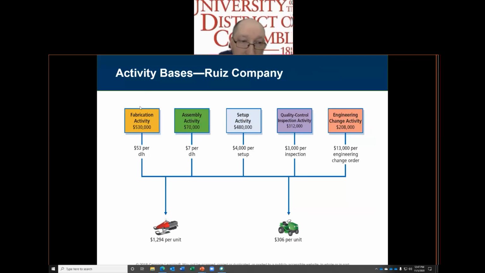So again, you take each one, you add this plus this plus this plus this plus this, divide by the total number of units you expect to produce, 1,000 here, 1,000 here, and that gets you to $1,294 per snowmobile and $306 per riding lawnmower.